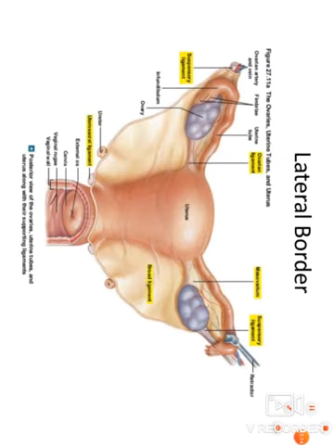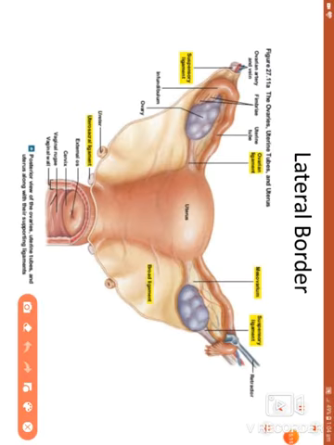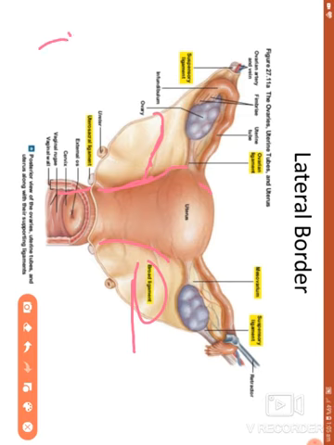Then here you can see the other peritoneal relation, the broad ligament. See the uterus: this is the body, this is the cervix, this is the lateral border of the uterus. A double-layered fold of peritoneum is attached there, called the broad ligament. Actually this is the posterior view of the uterus.